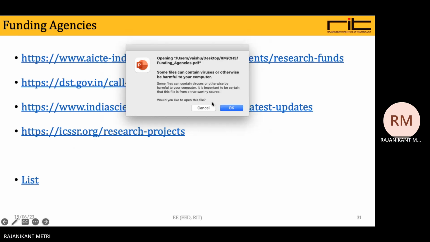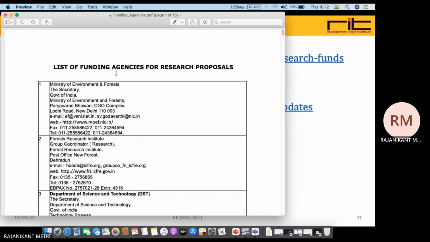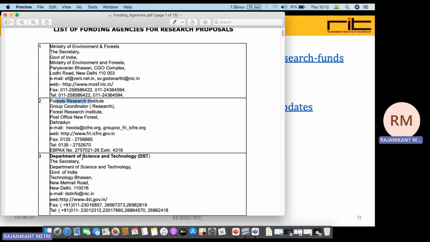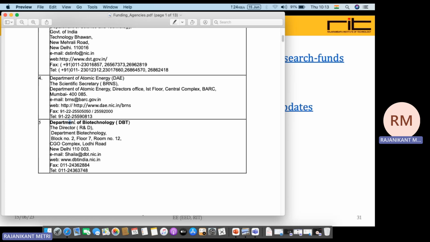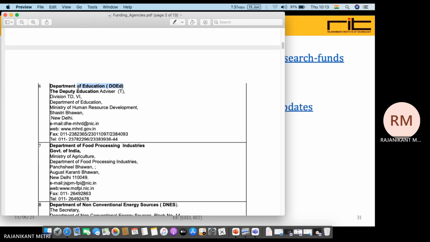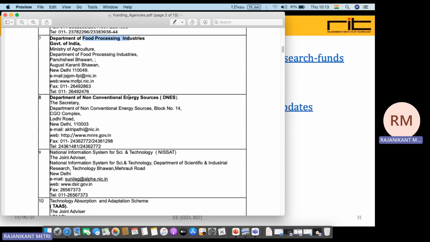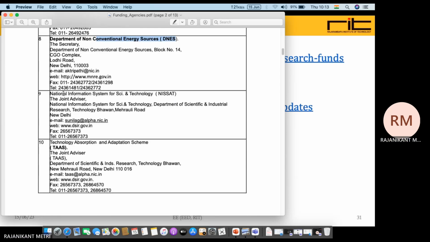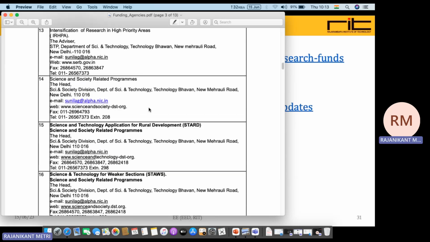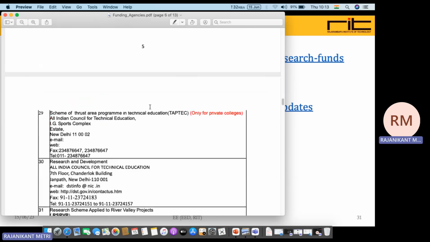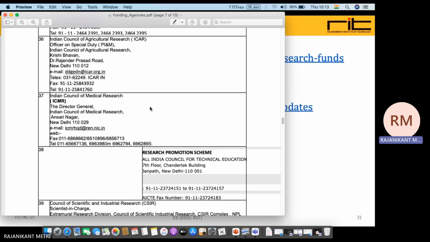Apart from this, we have seen a list of funding agencies for research proposals, like environment, forest, research, literature. Then this is the major one, the Department of Science and Technology, then atomic energy, biotechnology, education, Department of Food Processing, non-conventional energy sources, then information system for science and technology, such around 30, more than 30 agencies, 37 funding agencies are available.